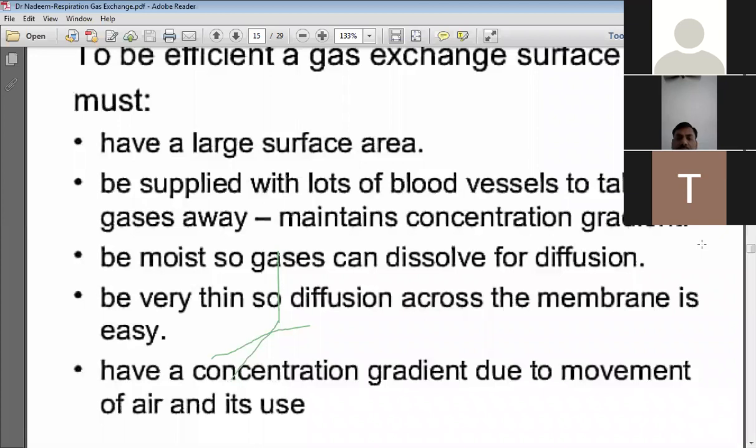The surface has to be moist, whether it is the lungs or the gills, so gases can dissolve easily through the diffusion process. And it must be very thin, so diffusion across the membrane is easy.